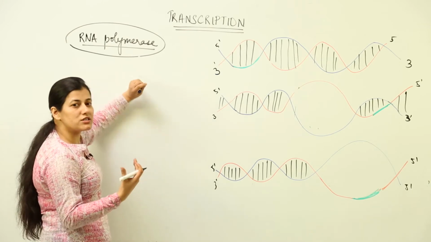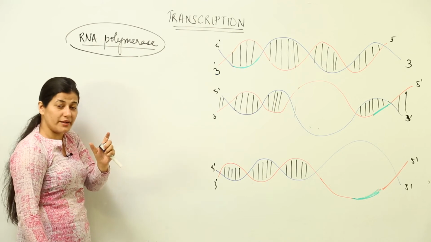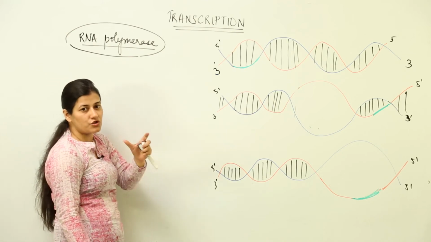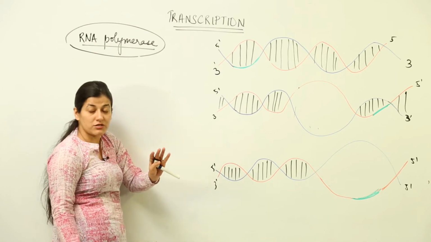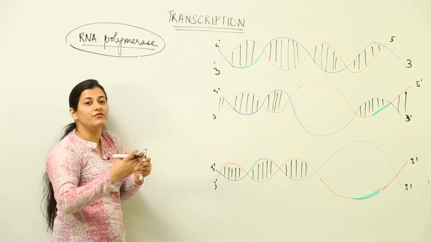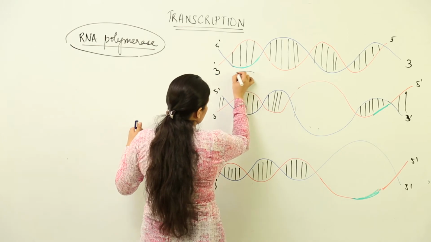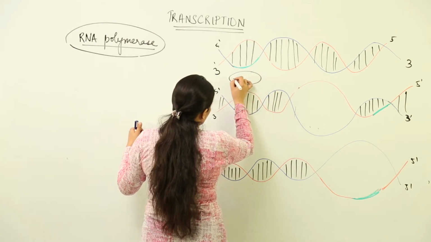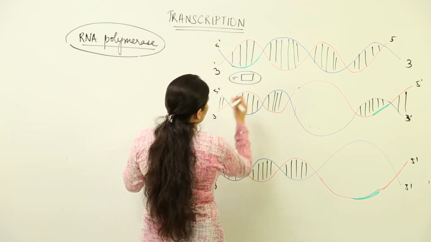So, how is it possible that a polymerase enzyme is able to identify the promoter sequence as well? As in the earlier cases, we had origins of replication which were identified by primers. Over here, we don't have primers. So, who comes to the assistance of this RNA polymerase and helps in identifying the promoter sequence? You have to remember that there is a sigma factor that combines with RNA polymerase.